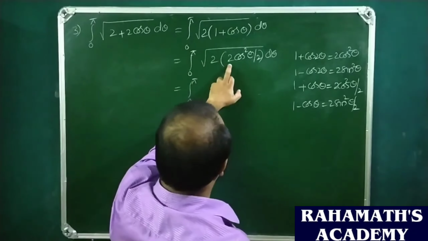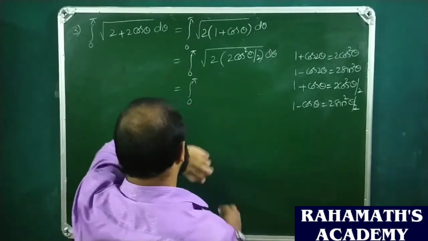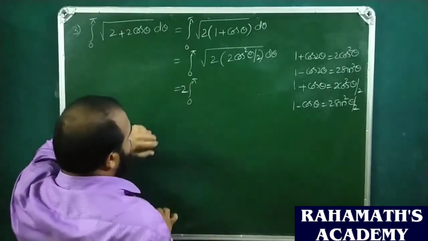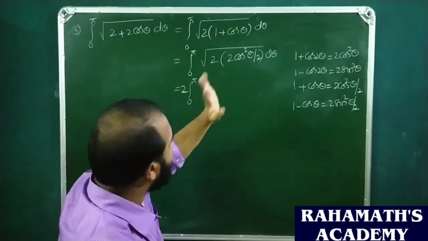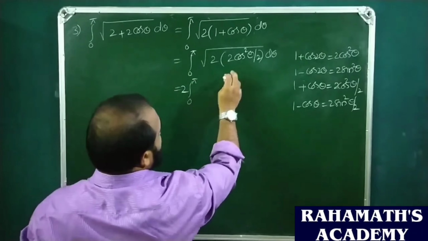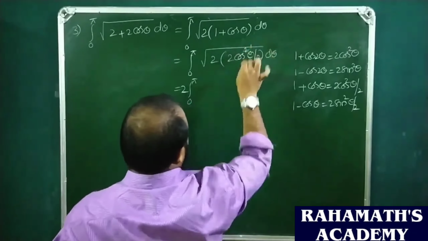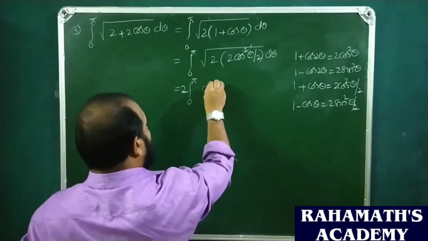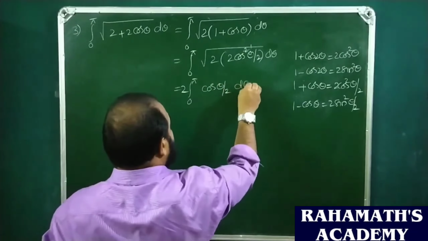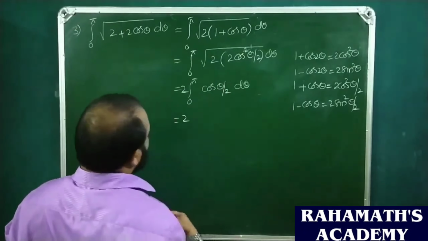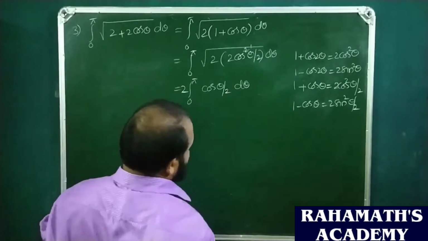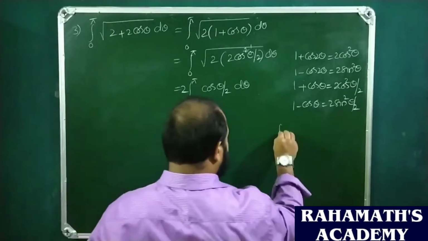The two 2s make 4, and under root 4 is 2. So I have separated this 2 from the process of integration. The square root of cos square theta by 2 gets cancelled, and I am left with cos theta by 2 d theta. So 2 into, we know integral cos x dx. What is integral cos x dx?